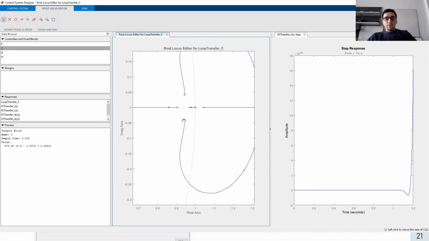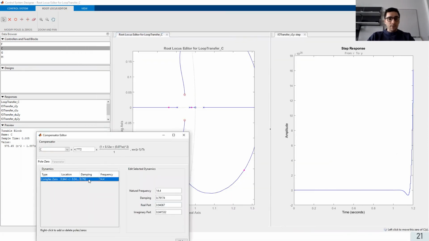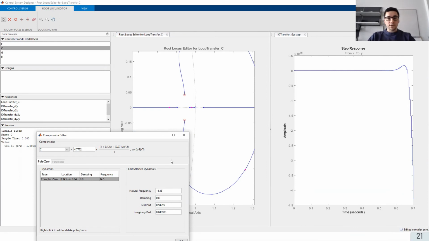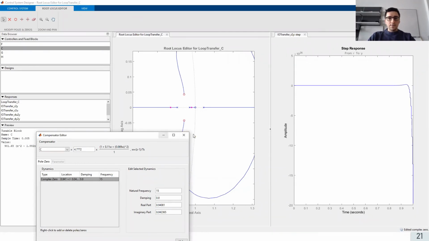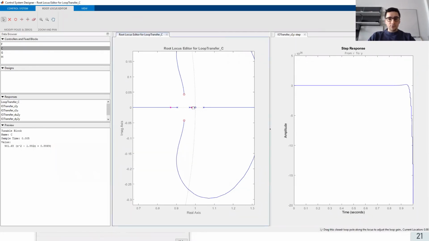You can also specify the numerical values, of course, if you want. For example, here you can specify a damping ratio of 0.8, and you can specify a natural frequency of 15, for example. And then you can change the gain of the controller to make it stable again.